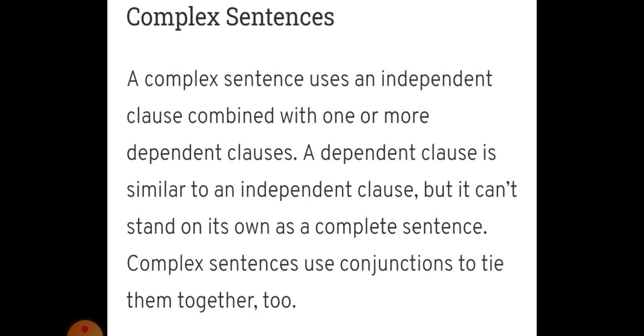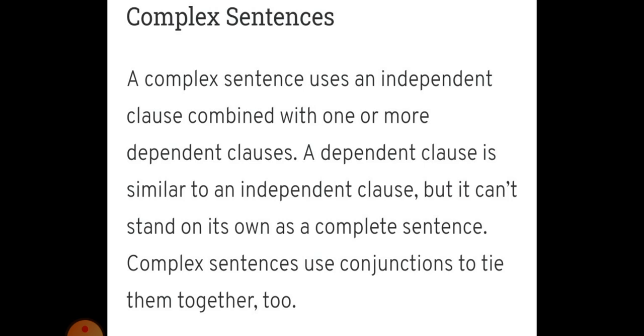Now complex sentences जो हैं they use an independent clause combined with one or more dependent clauses. Now in this sentence it will have one main clause and at least one subordinate clause. Okay, so such type of sentences which have both the main clause and subordinate clause present are known as complex sentences.